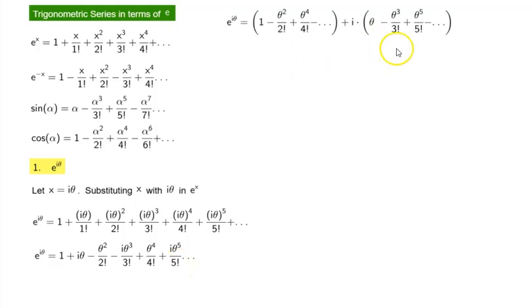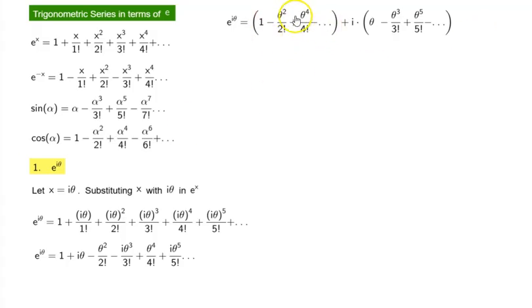Let's group real and imaginary terms. So we end up with 1 minus theta square by 2 factorial plus theta to the power of 4 by 4 factorial minus dot dot. And the imaginary part would be theta minus theta cube by 3 factorial plus theta to the power of 5 by 5 factorial minus dot dot dot.